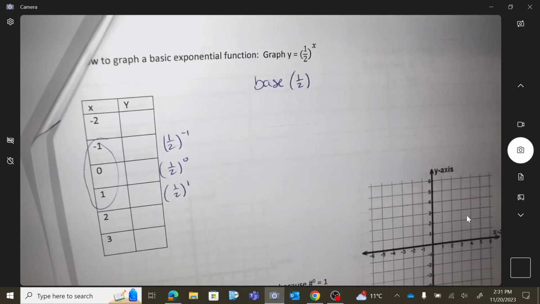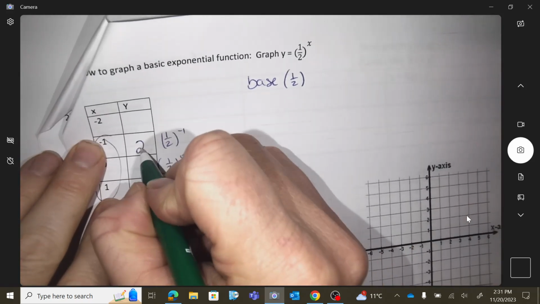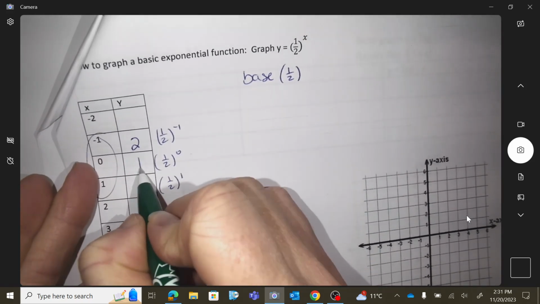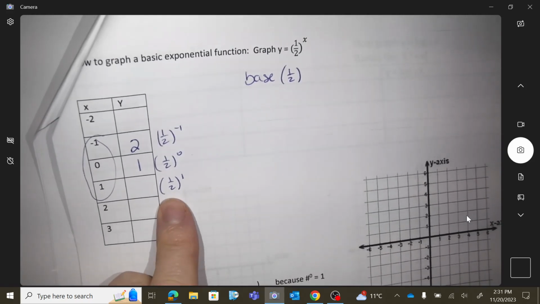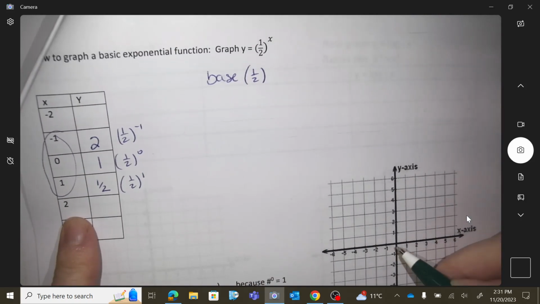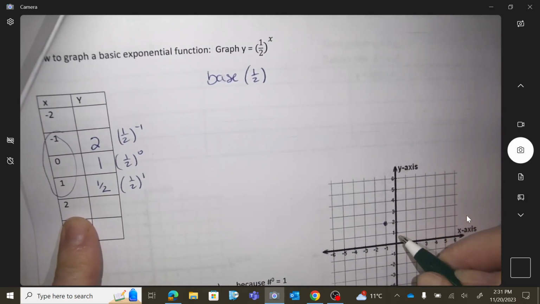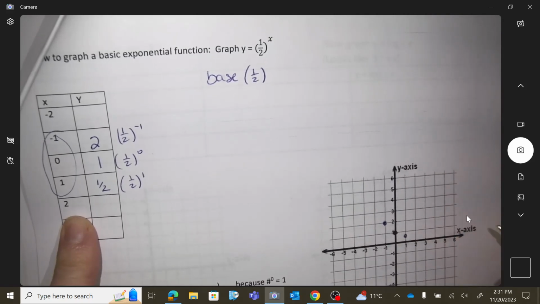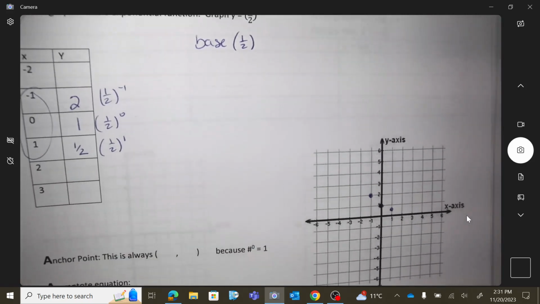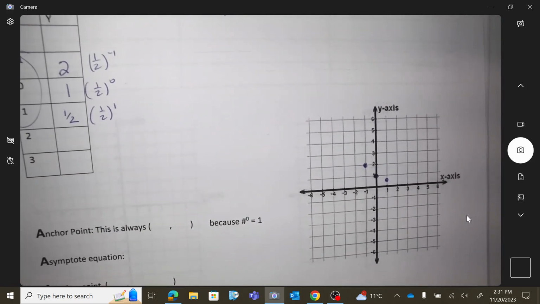What are you thinking? 2? Yeah, because it changes locations. Anything to a 0 is 1. Anything to a 1 is itself.